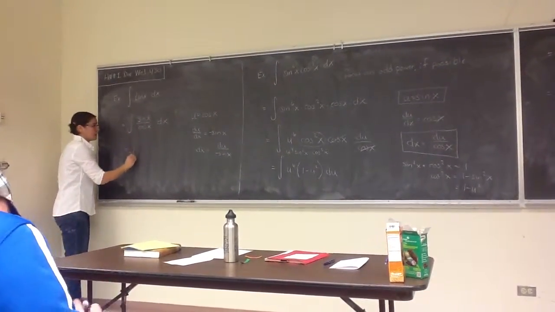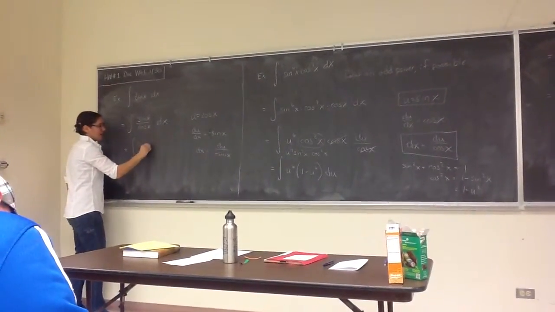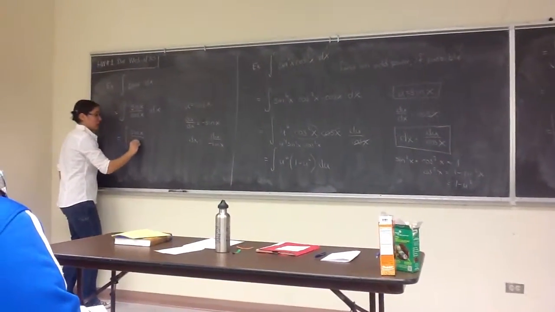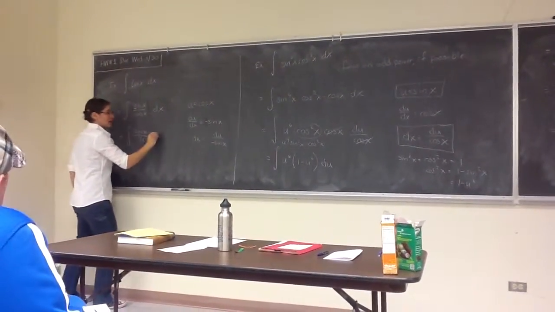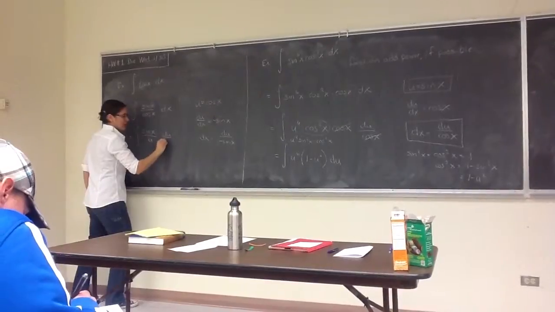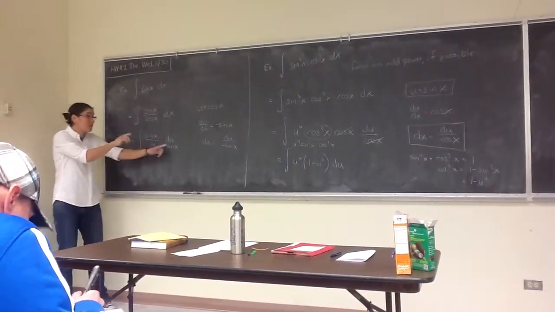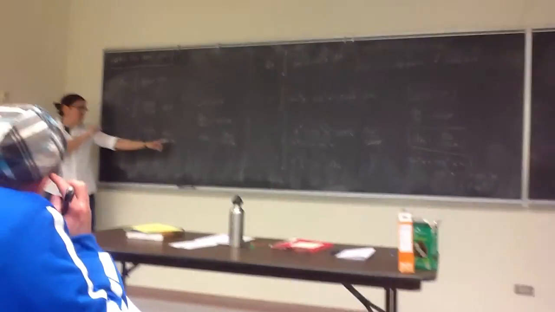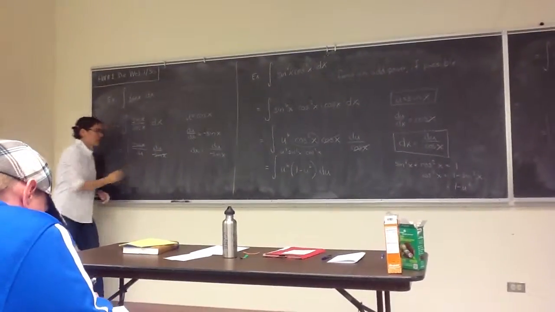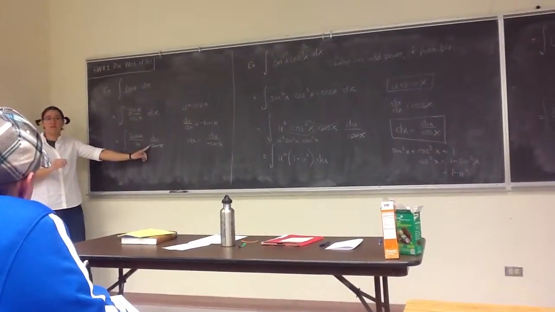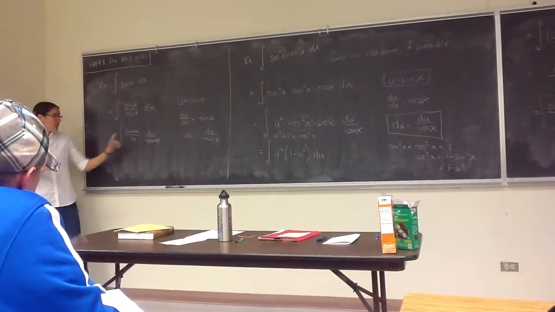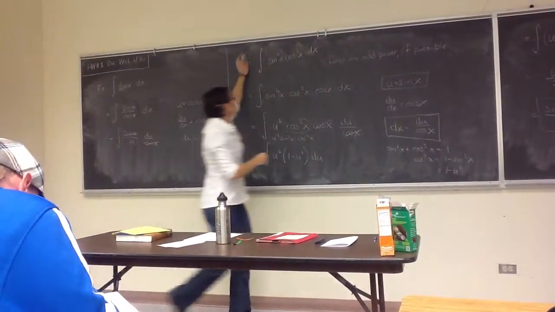This is going to work out really well, because I've got sine x over u, dx is equal to du over negative sine x. By making this choice for u, the sines will cancel. The negative sign can get pulled into the front.